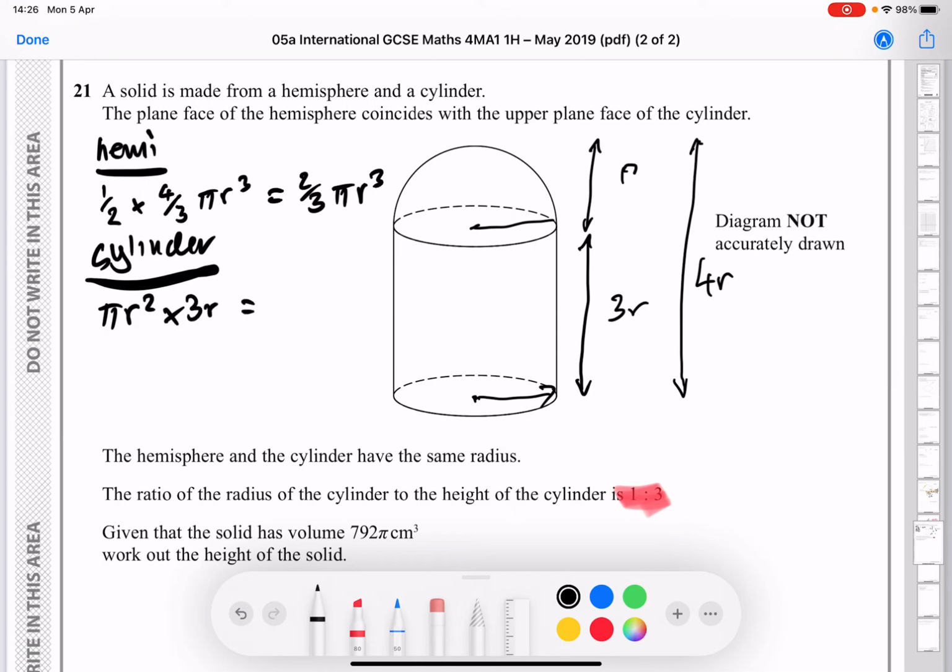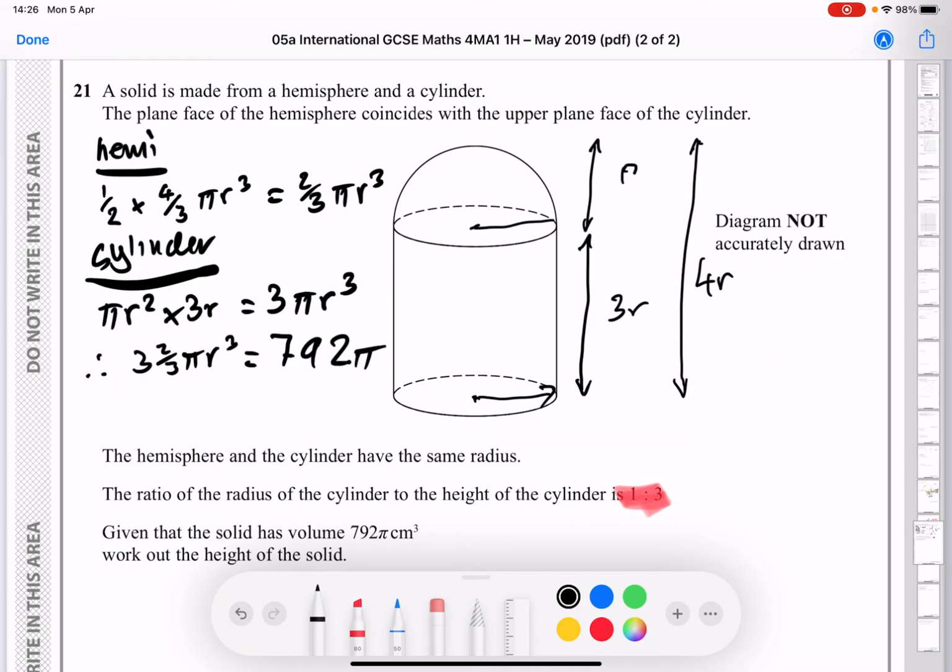So altogether, that gives me 3 pi r cubed. We can add those together, and that gives us 3 2/3 pi r cubed. And according to the question, that's 792 pi.